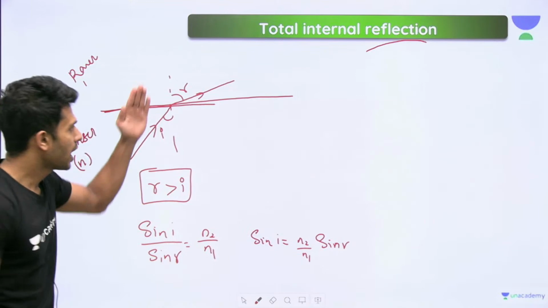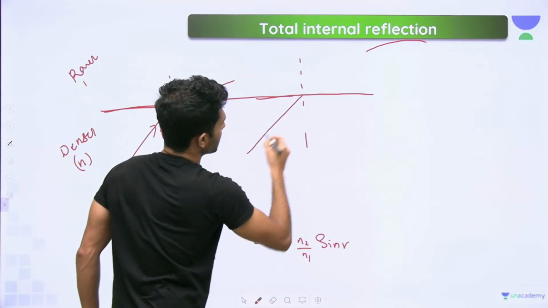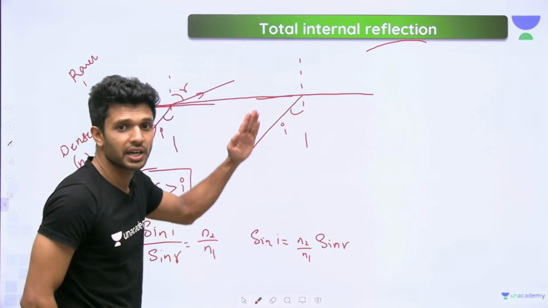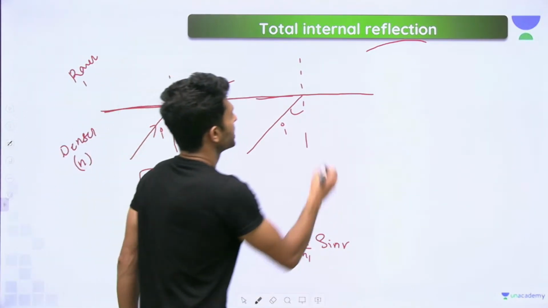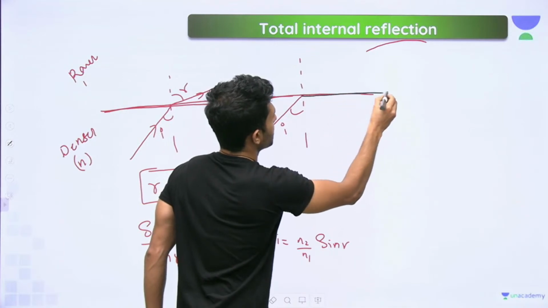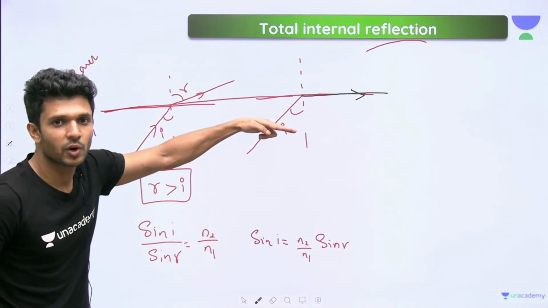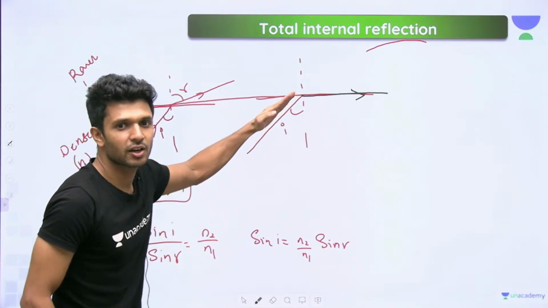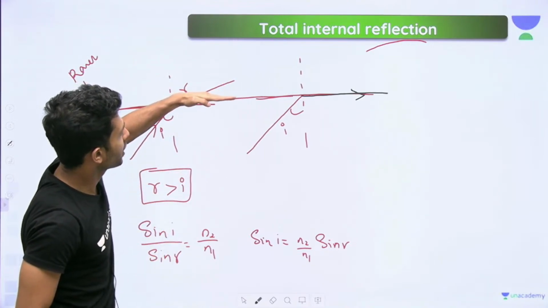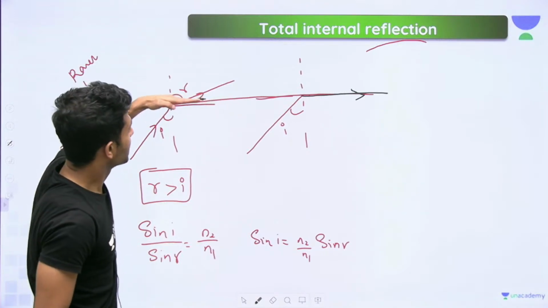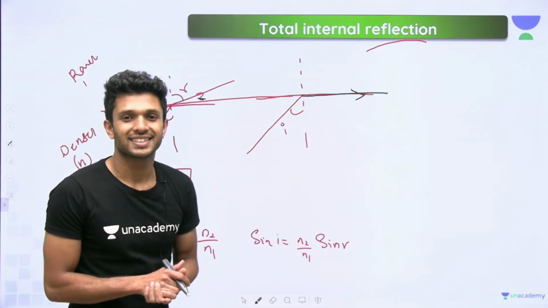At a particular value of angle of incidence, you will see that the refracted light ray will be passing just along the line of separation.